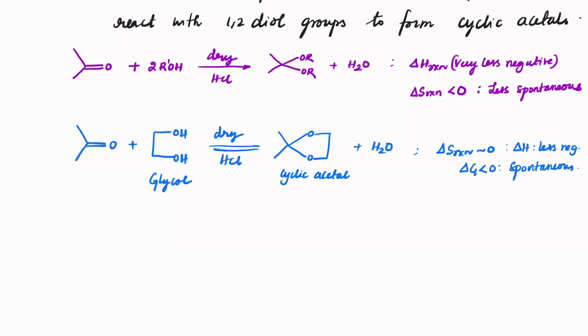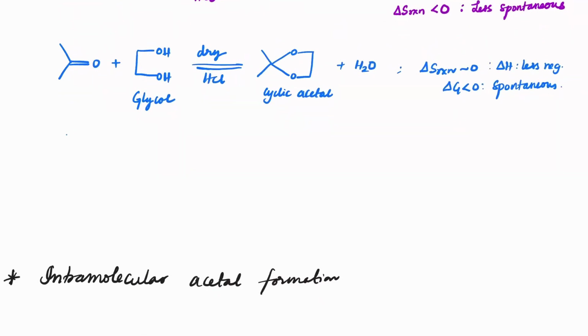We can also increase the spontaneity by making cyclic ketones. If you take a cyclic ketone with 2 moles of CH3OH, although entropy is decreasing here because you are taking a cyclic ketone, the reaction is still observed to happen.